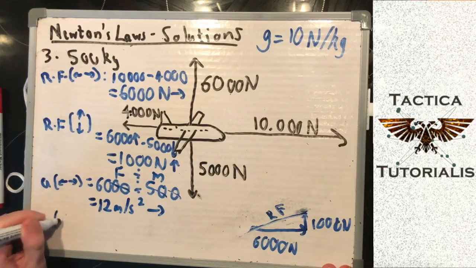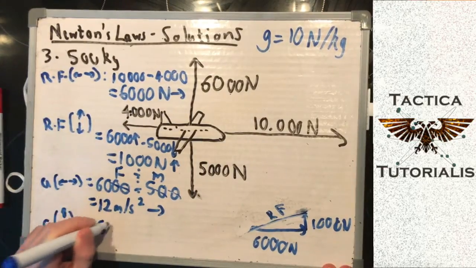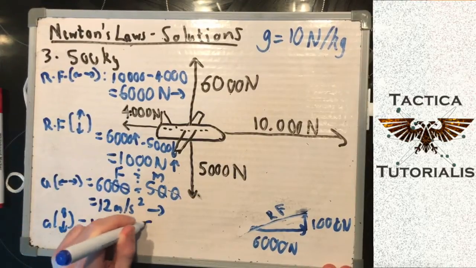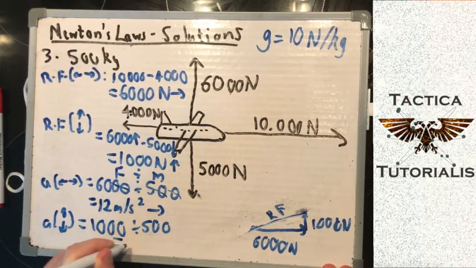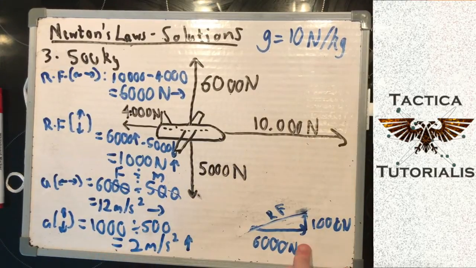And the acceleration in the vertical is equal to 1,000 divided by 500 equals 2 meters per second squared upwards. So same idea, but that would say 12 and that would say 2.